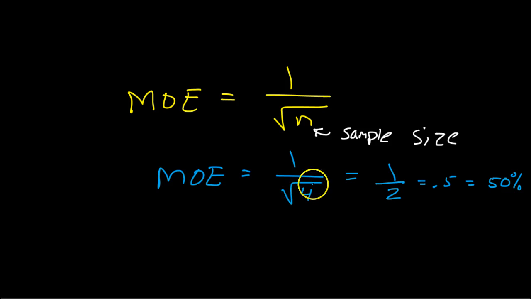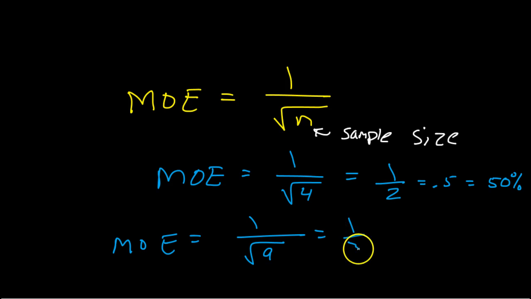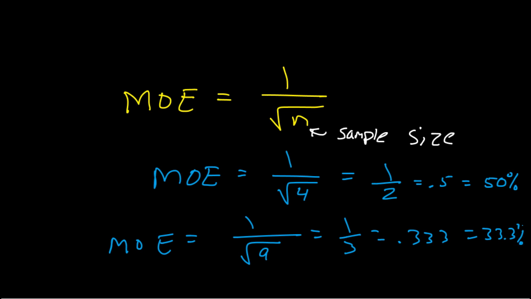What if, let's increase this, margin of error. What if the sample size was 9, okay, making it bigger? That would be 1/3. That would be 0.333, which is the same as 33.3%.